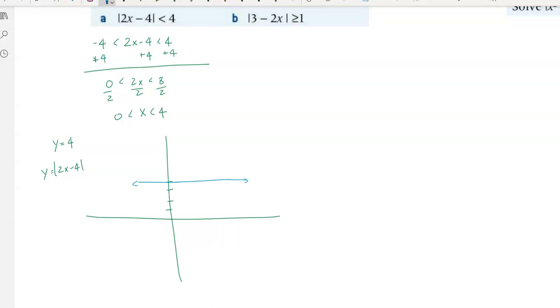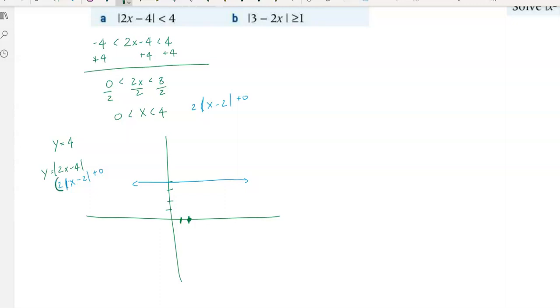Okay, let's go ahead and figure out the vertex. Take the 2 out, it's going to be 2 times the absolute value of x minus 2. There's a plus 0, right? Because you take the 2 out, it becomes absolute value of x minus 2 plus 0. So the vertex is going to be 2, 0 right there.